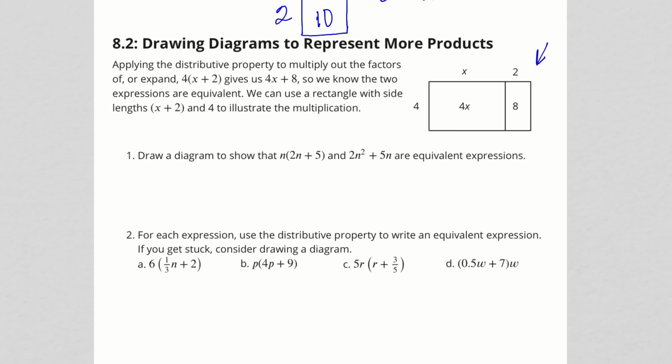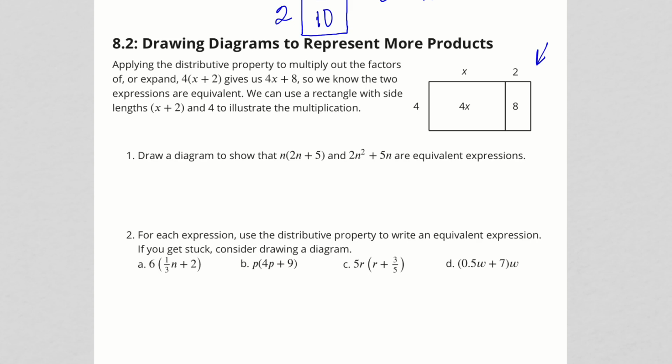Something happened. So imagine on this next one that we have n and 2n. We're multiplying n, so n is going to be like our x. It's going to be our rectangle. On the side, we're going to have our x, or a rectangle.